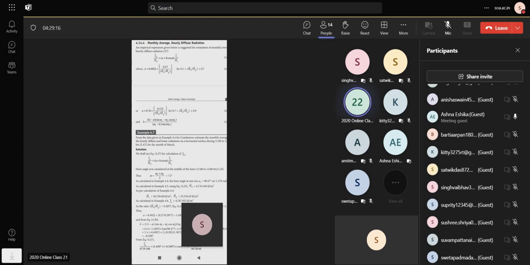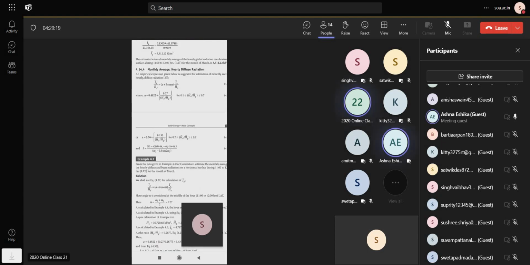ये हम 4.7 सॉल्व कर रहे हैं, मंथली एवरेज. We will use which formula? Gopinathan and Solar formula. This is the most appropriate formula in India.